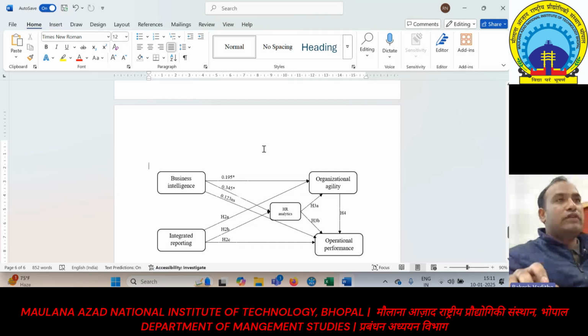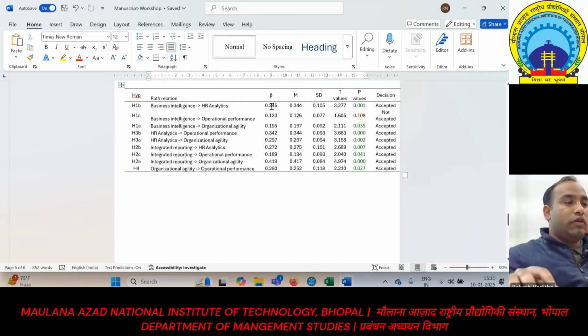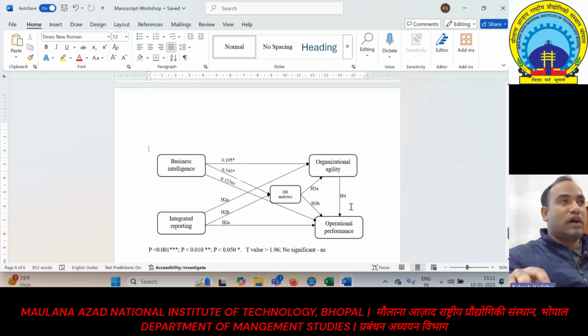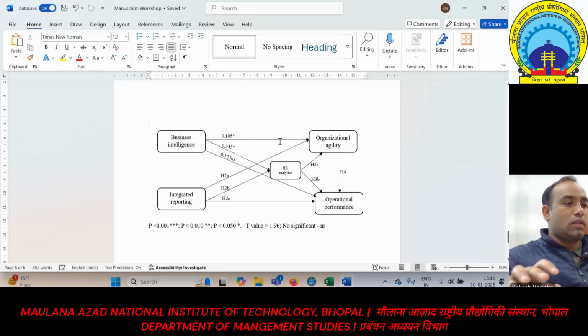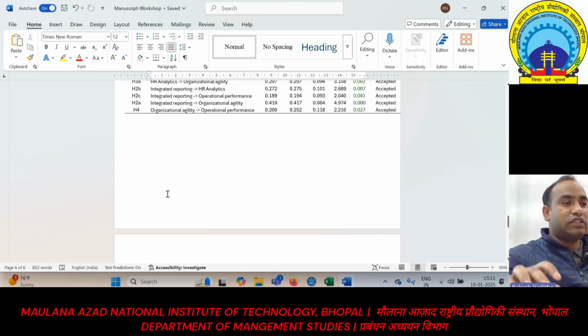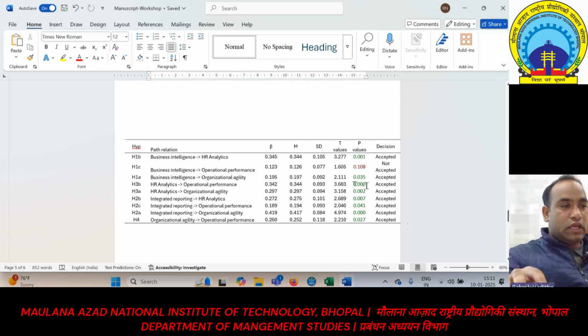So shall we go forward? To make the relations from this table, we have to include all these hypothesis values and the stars. The stars indicate significance. Suppose it is having full significance, it should be below 0.001, meaning all zeros here.